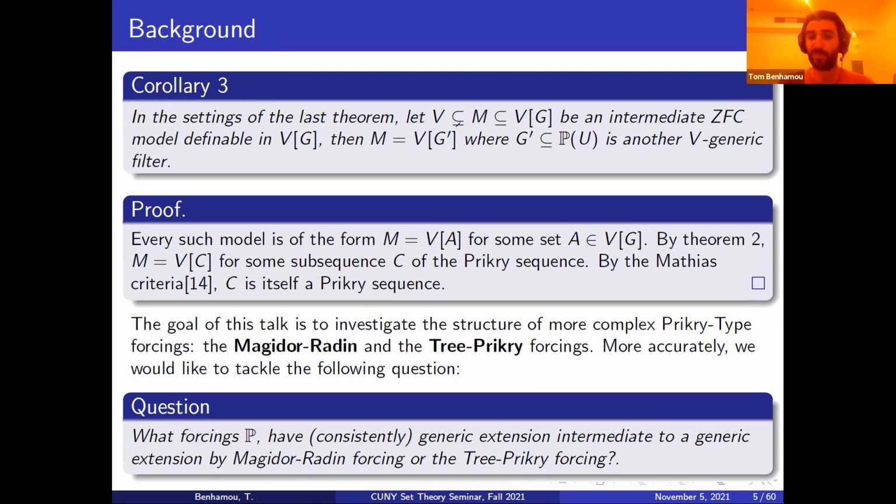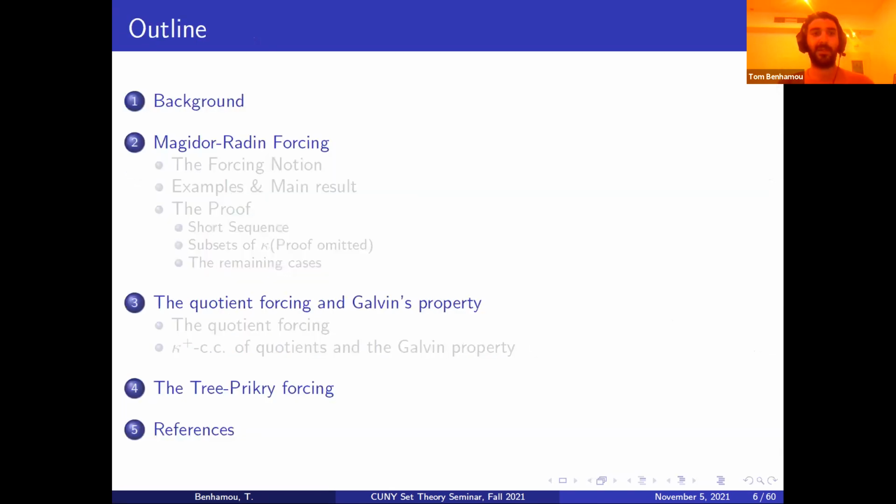When we get to the tree-Prikry forcing, we'll see that this is a matter of consistency as well. There will be several forcings which will not always be intermediate to the tree-Prikry forcing. Okay, let us now present the Megiddo-Radin forcing.